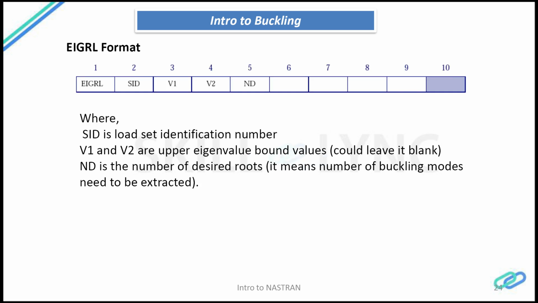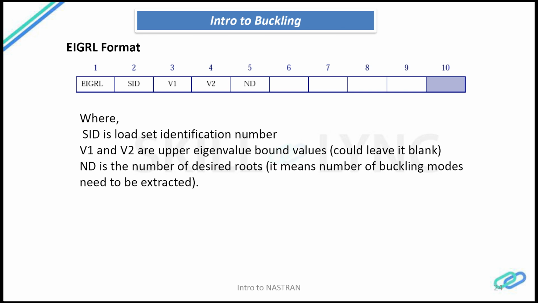So the EIGRL format is, in Nastran command format, SID, which stands for set identification number, and V1 and V2, which are the lower and upper eigenvalue bounds.